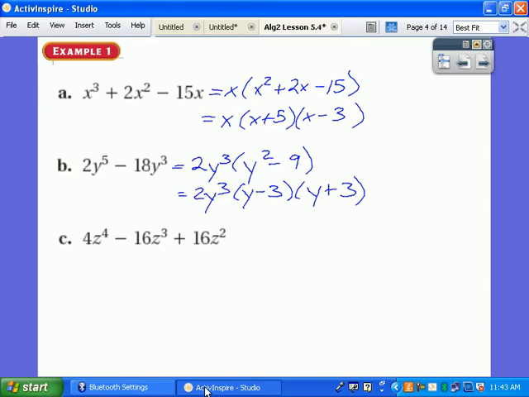Okay, last problem. We factor a common term of 4z squared. That leaves us with z squared minus 4z plus 4.